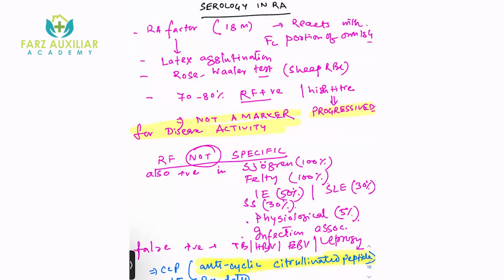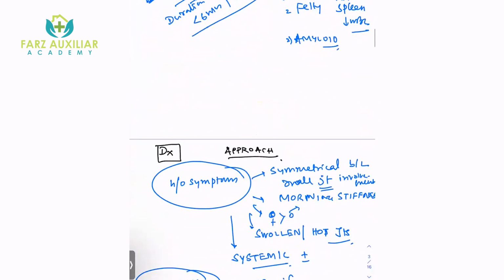So there are multiple scales on the basis of which you will diagnose rheumatoid arthritis. Now, remember, scales and exact values of the scale are not required to be remembered. But a few things always remember. Look at the writing that I am writing right now.